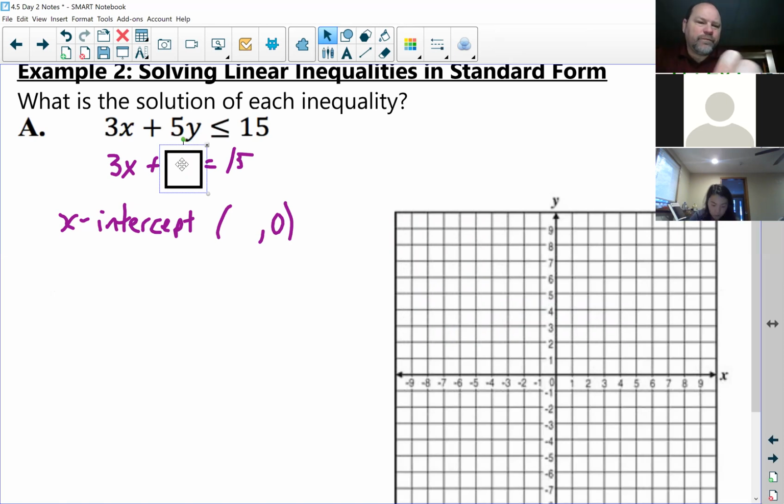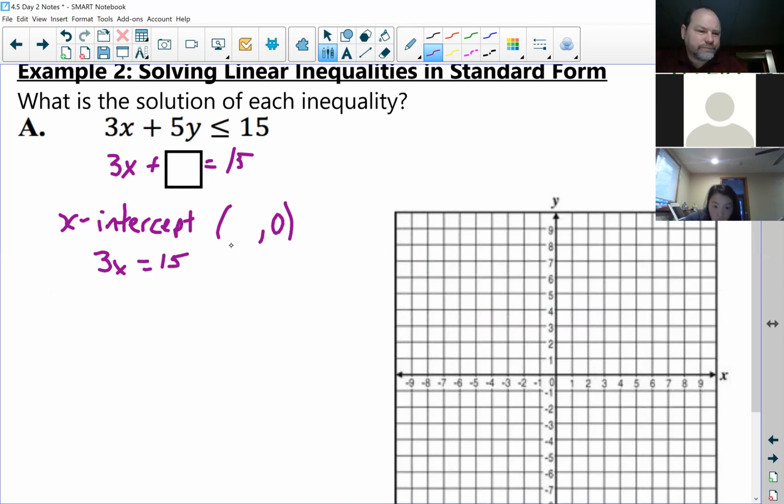So now I cover up the y term and I solve 3x equals 15. Divide by 3. I get x equals 5.